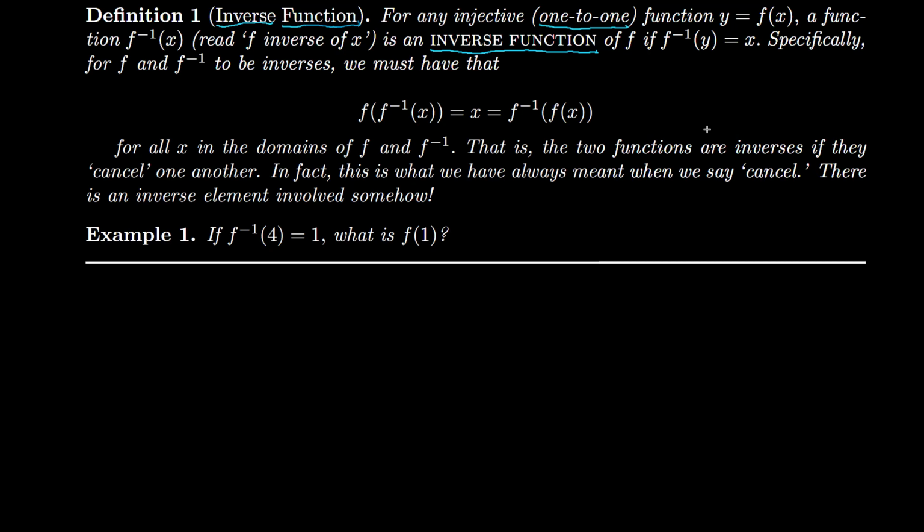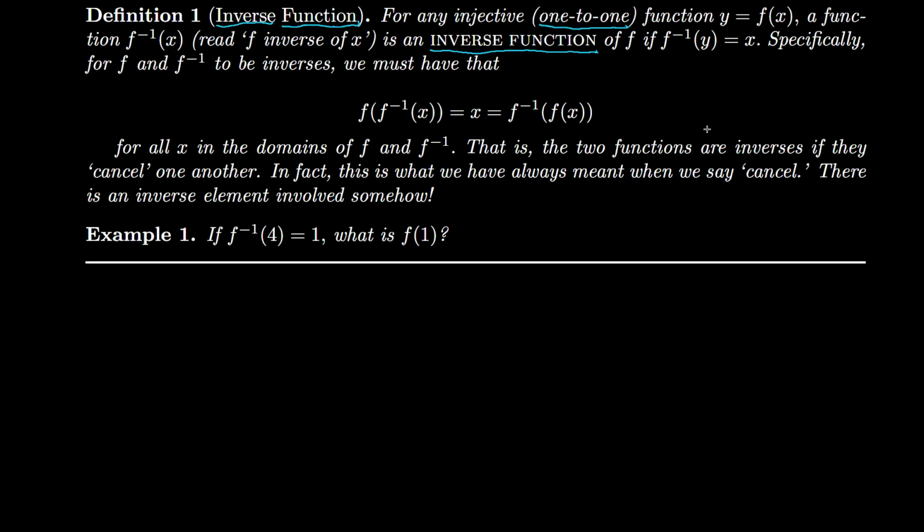Okay, that's cool. So that's from the picture up above. That's sort of what we said in the picture. But a better definition, in my opinion, and its equivalent, says specifically for f and f inverse to be inverses, we must have that if you plug f inverse into f, or if you plug f into f inverse, you get x out. So if you shove the inverse into the original function, you get out whatever the input was, that is, they cancel.